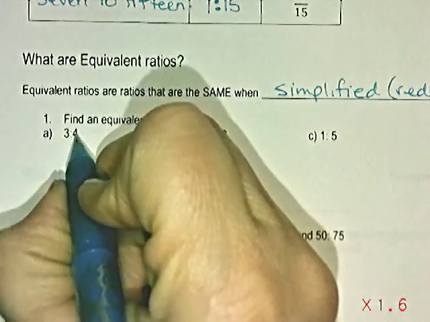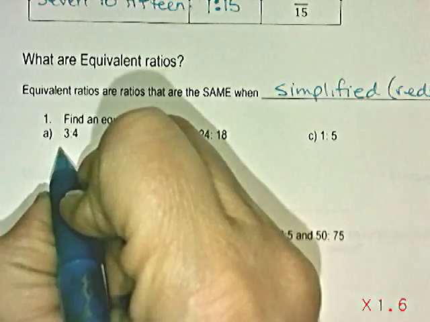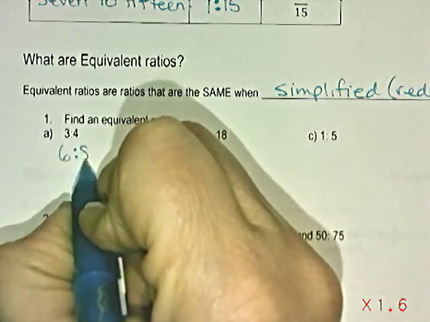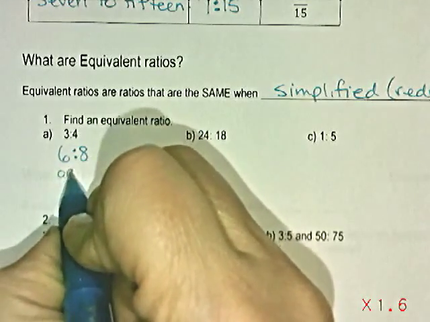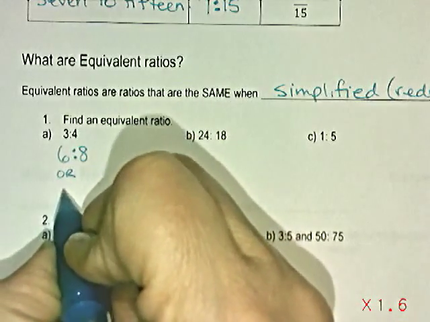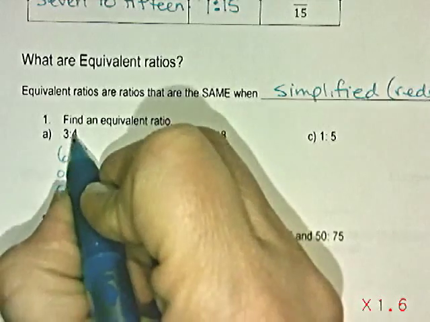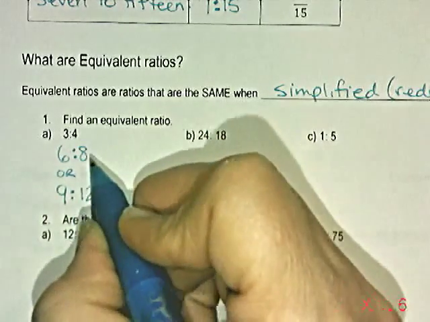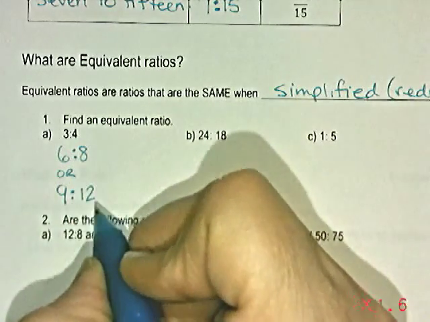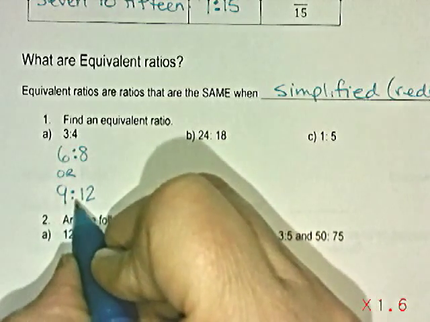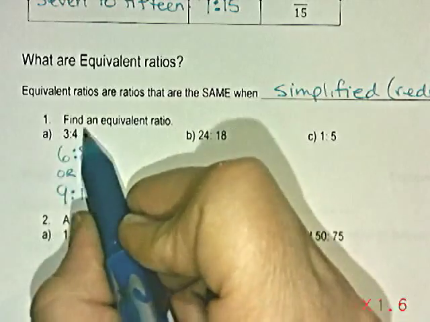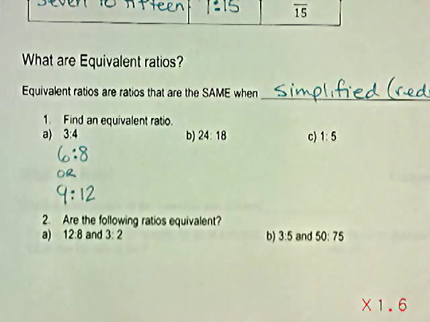Certainly if we just multiplied them both by 2, we would create an equivalent ratio here. We could have multiplied them both by 3. 3 by 3 would be 9, and 4 by 3 would be 12, and 6 parts to 8 parts would be the very same ratio as 9 parts to 12 parts, because they both reduce to a simplified ratio of 3 parts to 4 parts.